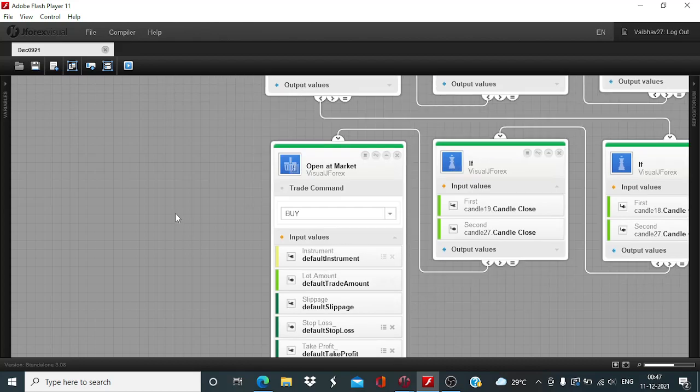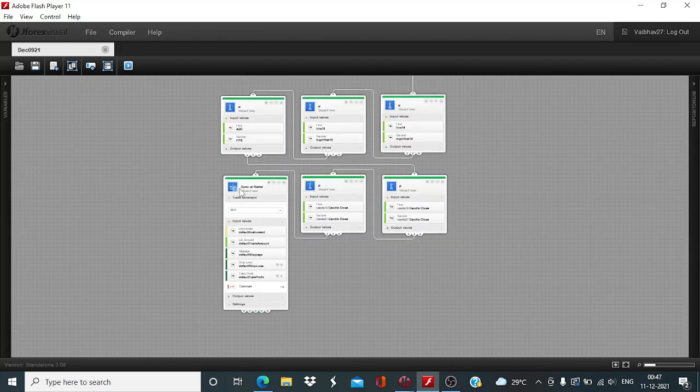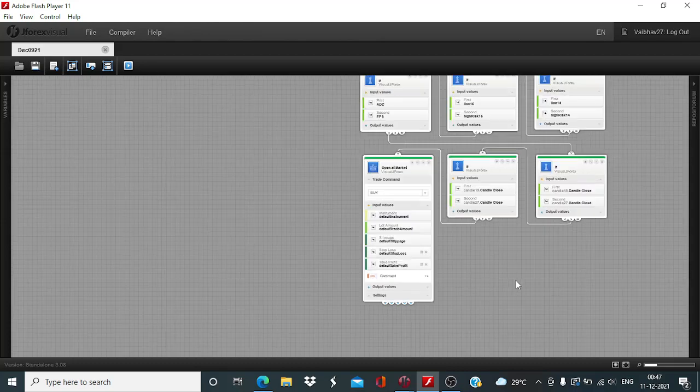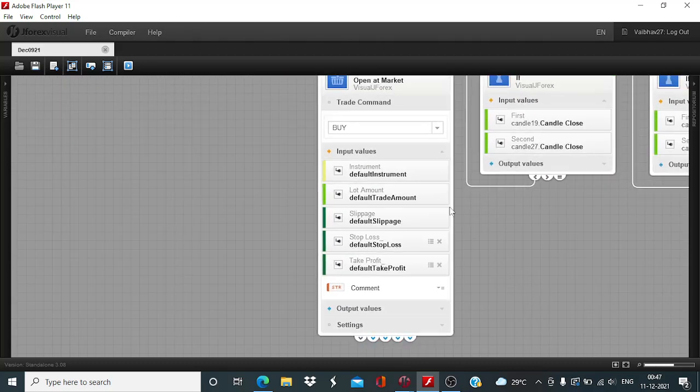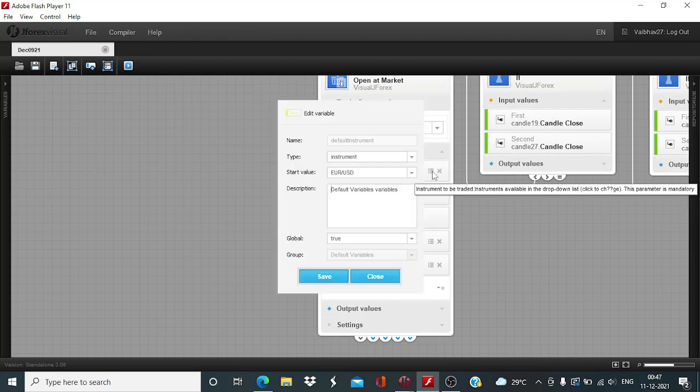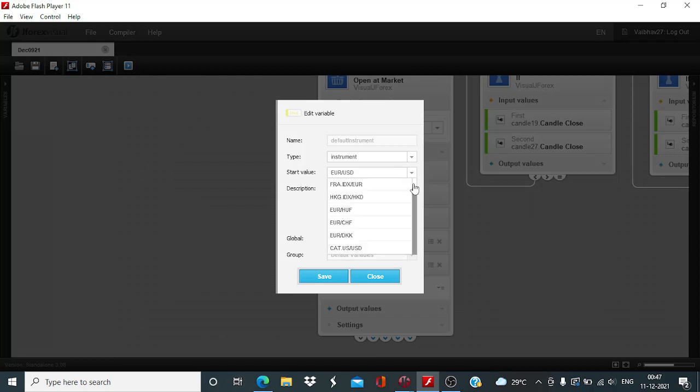Okay, now we have to define the parameters for this trade command block. Default instrument will need to be changed to USD JPY.